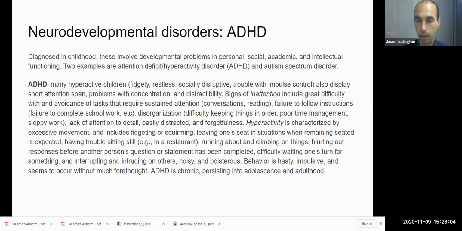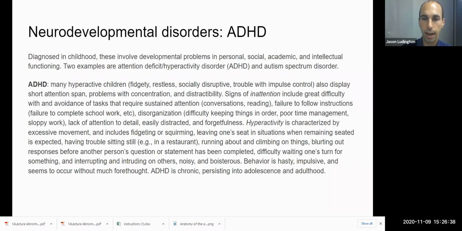And then there's the hyperactivity component of the name. That's characterized by excessive movement, including fidgeting, squirming, leaving one's seat in situations where you're expected to remain seated, having trouble sitting still, like in a restaurant, running around and climbing on things, blurting out responses, interrupting people before they fully ask their question, difficulty waiting your turn, intruding on others, being noisy and boisterous.